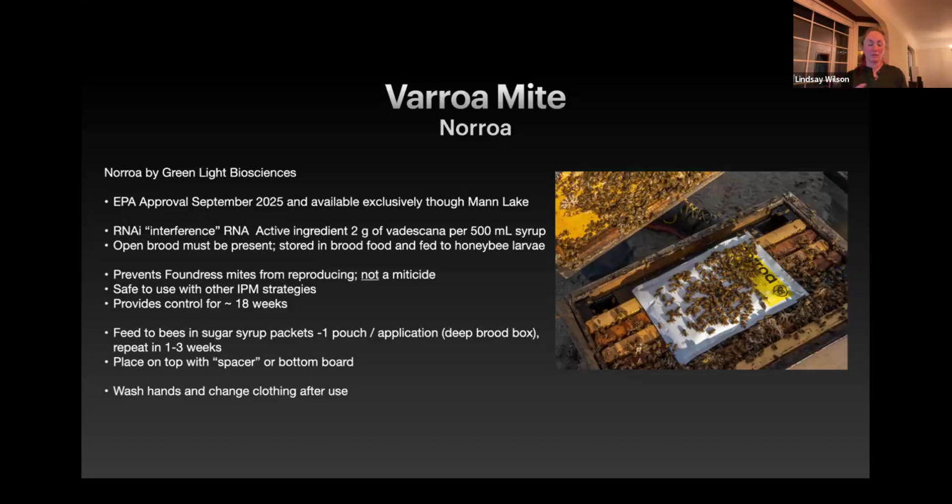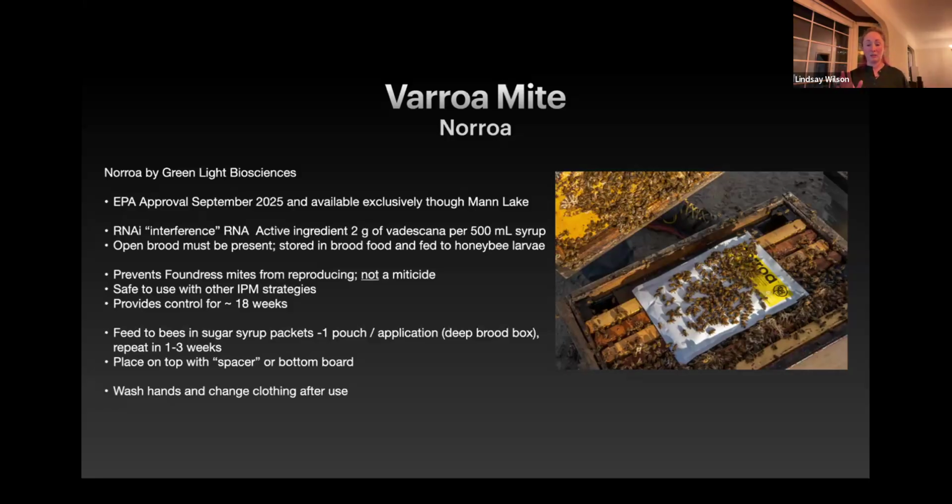But if there's not enough food around, the adult bees are going to consume the sugar and not store it in the brood food, because as the brood food gets fed to the larvae in the cells, that's where the mites are coming into contact with it, and that's where it's doing its job. So timing of when to apply this is really important.